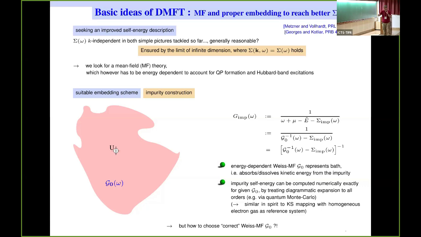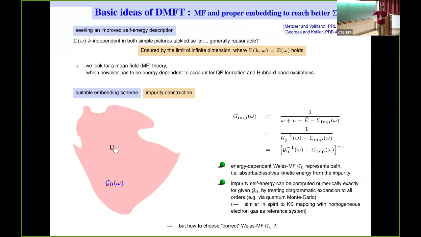Of course, first of all, we can say this kind of construction is reminiscent of what we do in Kohn-Sham-like theory, where we also map to an auxiliary virtual system, as you know, where we even have a good reference system, the homogeneous electron gas, which we do not have here, so that is one problem. But it's the same in spirit, obviously, no?